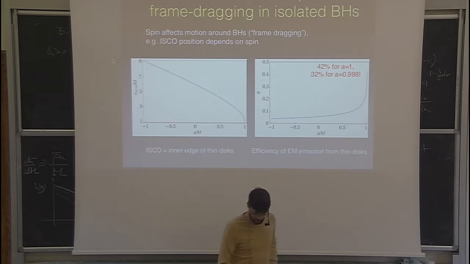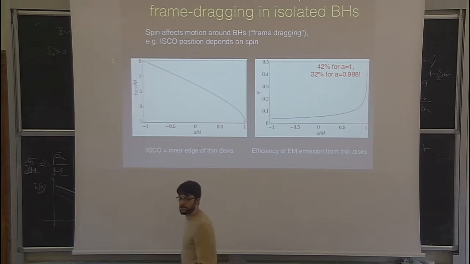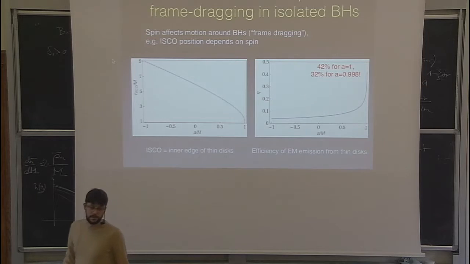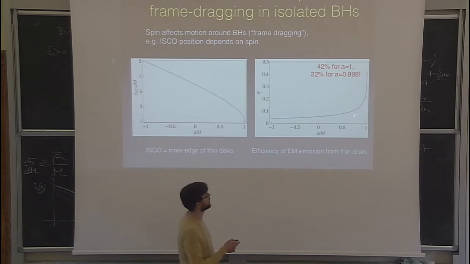academic effect. It is something that astronomers use every day to measure the spins of black holes using accretion disks. The radiative efficiency of accretion disks is a strongly varying function of the spin of the black hole. The higher the spin, the more efficiently accretion disks radiate.